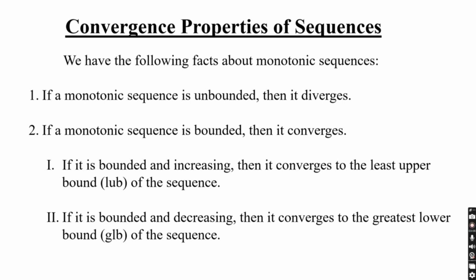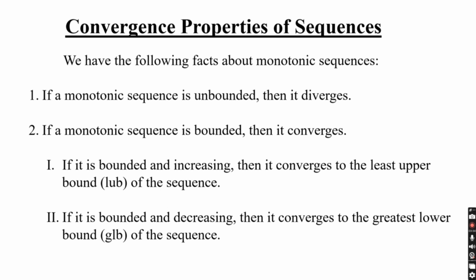Let me say 1 is the lower bound, then it's not only the lower bound, it's the greatest lower bound. So when it's decreasing and the greatest lower bound is 1, then the monotonic sequence converges to 1 because it is decreasing.